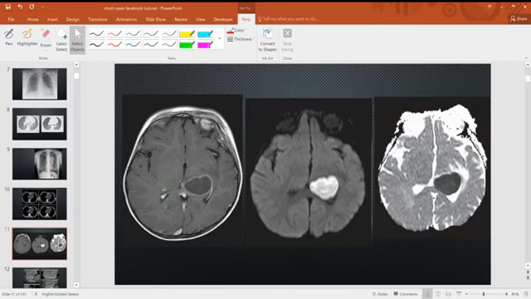What you see here, this is the patient, and take 10 to 20 seconds to see what you think this patient has. Left brain abscess, someone right.